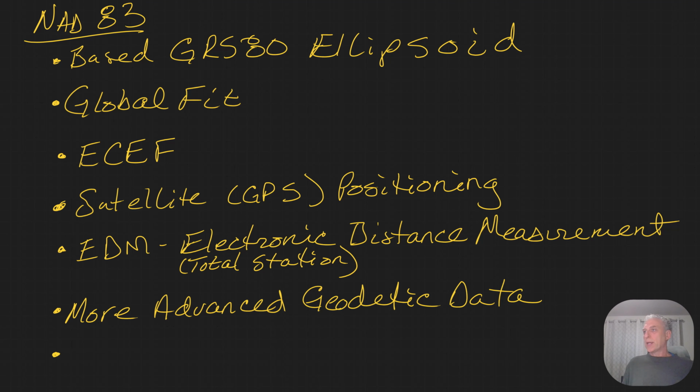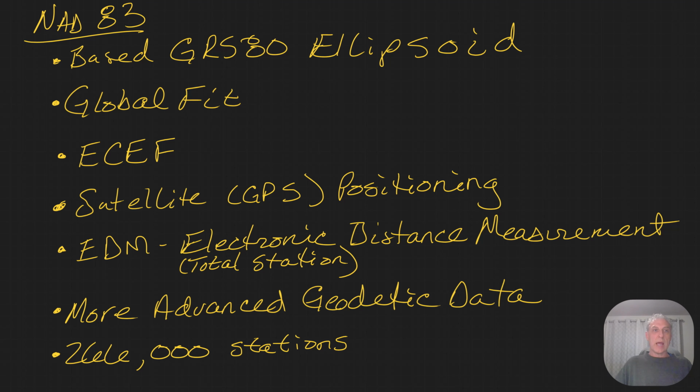NAD83 incorporated 266,000 stations. So again, we're traversing and level looping between the stations, creating a network across whatever region, and then adjusting that network. So 266,000 stations. That's a lot of traversing. And remember, we're incorporating redundancy. So a lot of these legs between stations were run multiple times.